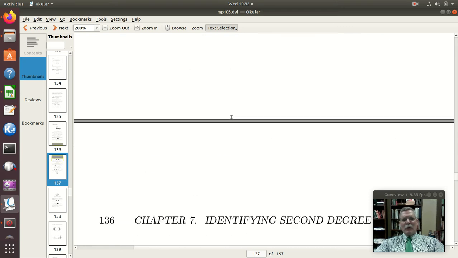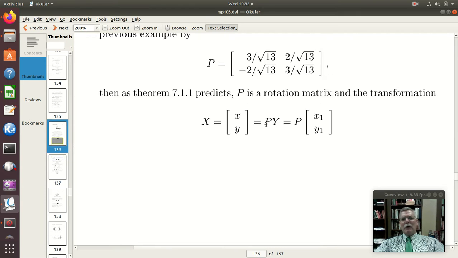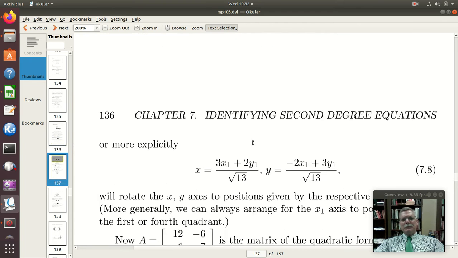So they get their x and y from taking our orthogonal matrix of eigenvectors and multiplying by these x1, y1, just those coordinates.